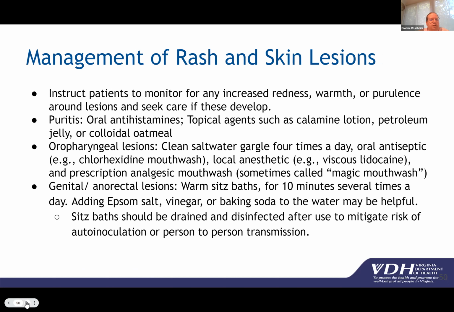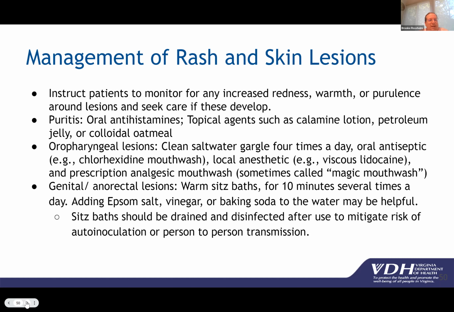You want to instruct the patient to monitor skin lesions for any sign of bacterial superinfection. So if the lesions become red, warm, purulent, patients may have pruritic lesions where you can use oral antihistamines. You can also use some topical agents that are shown on the slide. Patients may have oropharyngeal lesions where you can use saltwater gargles several times a day.